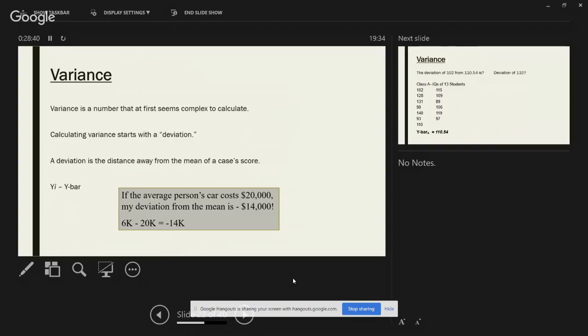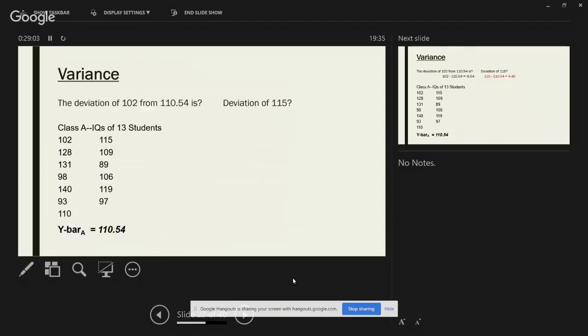If we take an example, say the mean cost of a car is 20,000, but person A owns a car that cost 6,000. So the deviation here is minus $14,000. Let me give a better example, which will explain what exactly variance is.